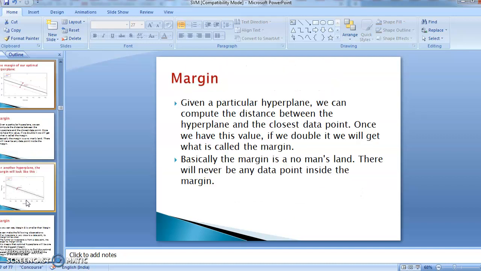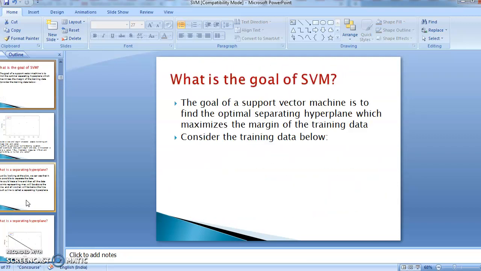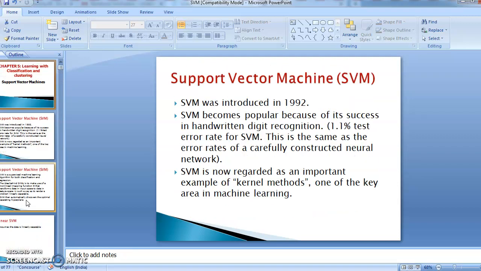So let's revise the introduction part of our SVM. SVM is the support vector machine. It comes under supervised learning algorithms, which is used for classification. Why is SVM widely used? Because it has a low error rate. And one thing SVM has is the kernel method.